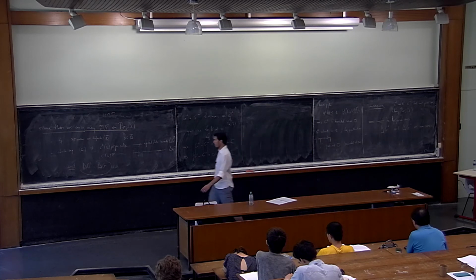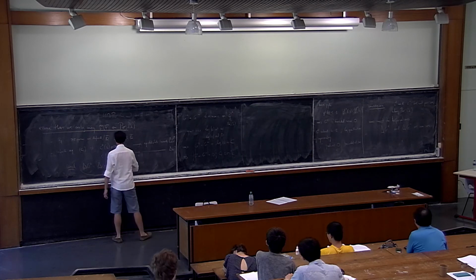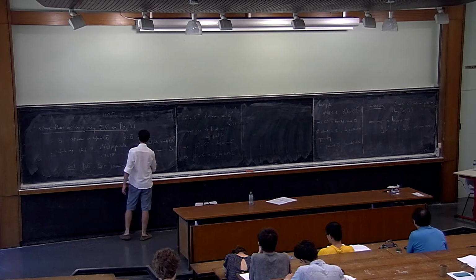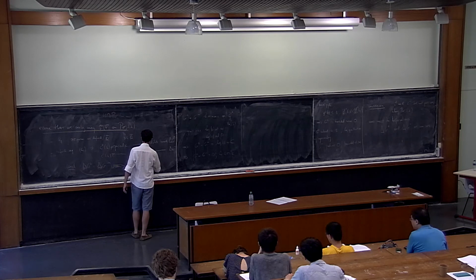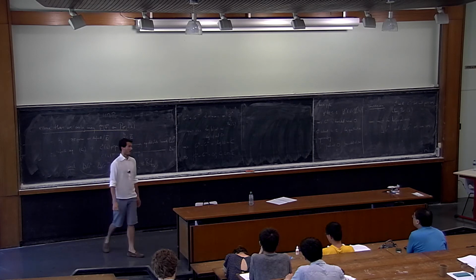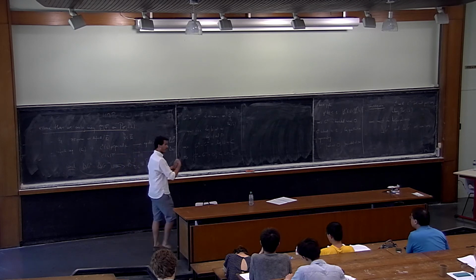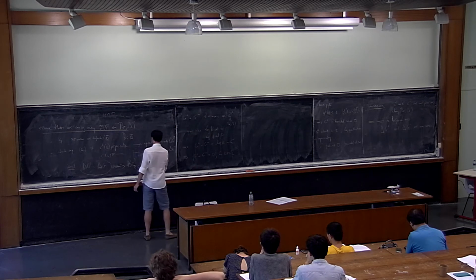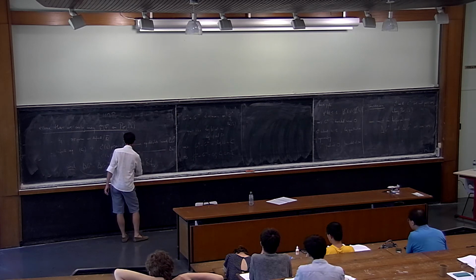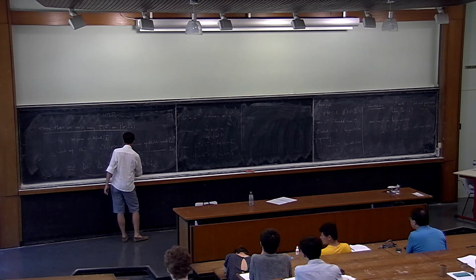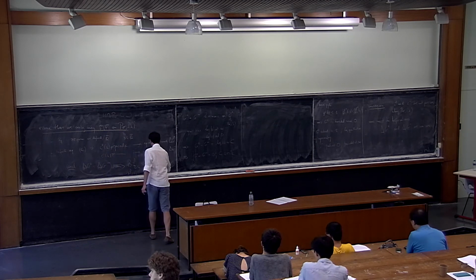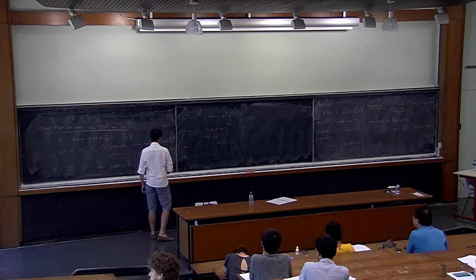So it implies that the bifurcation locus of C naught is the same as the bifurcation locus of C1. So these two critical points bifurcate exactly at the same place. And this bifurcation locus of C naught is also the boundary of the set of points where G plus is equal to 0. And this is the boundary of the set of points where G minus is equal to 0.